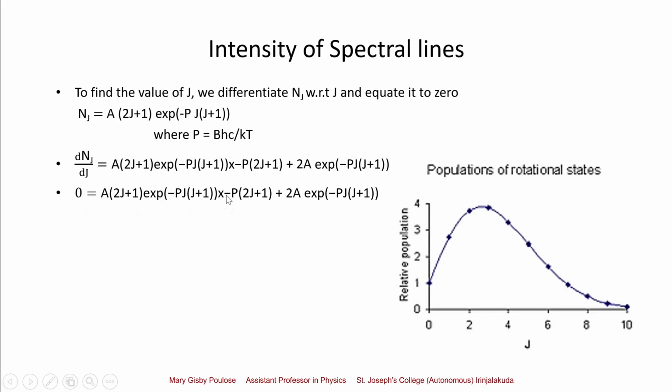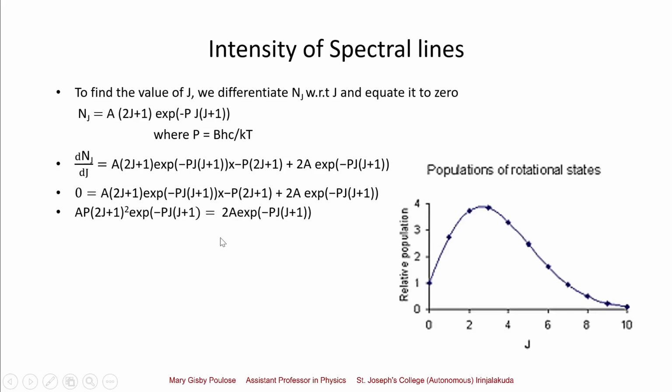So we will be able to write A p into 2J plus 1 the whole squared e raised to minus pJ into J plus 1 is equal to 2A e raised to minus pJ into J plus 1. We have similar terms, A e raised to minus pJ into J plus 1, on either side.